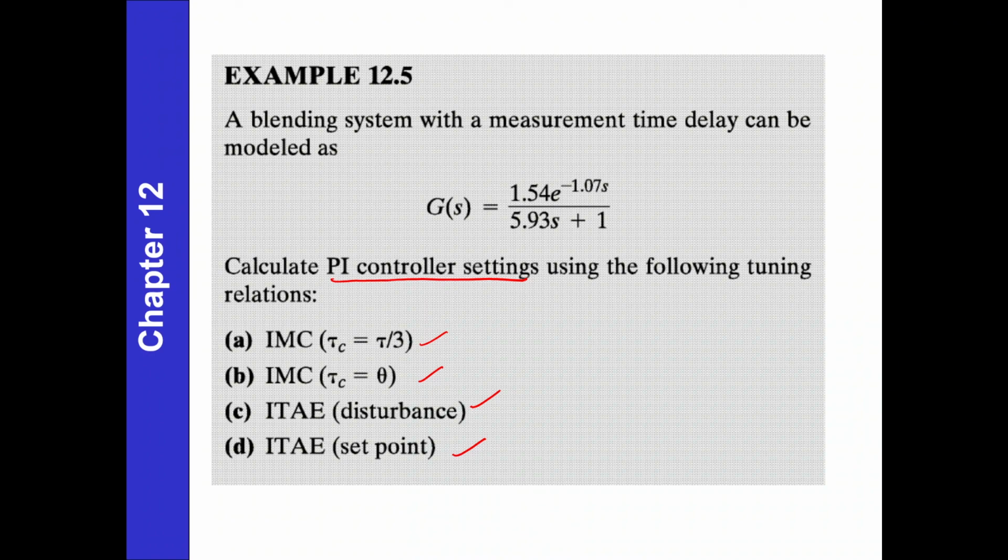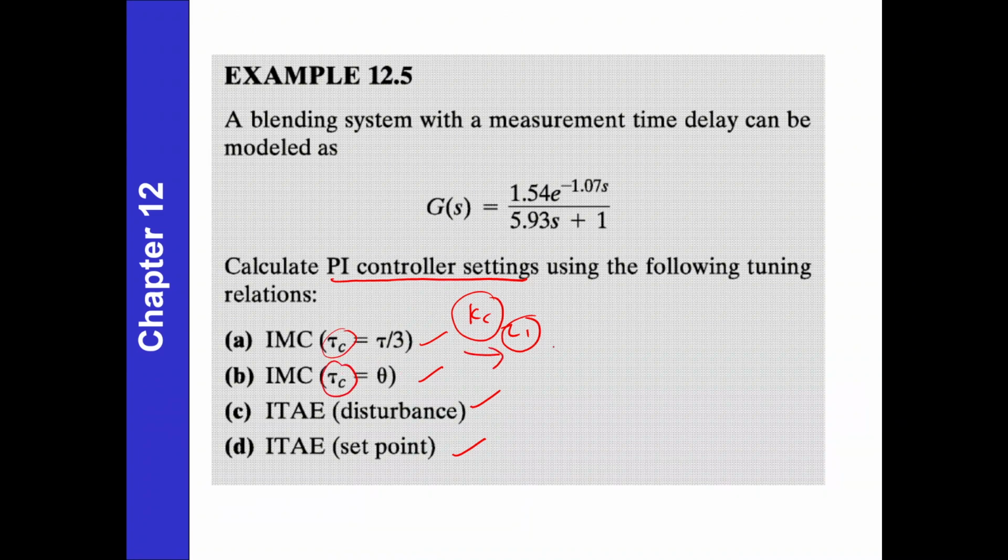For the PI controller, basically for Kc and tau I only, you have to calculate by using IMC, whereby the value of tau C is different.